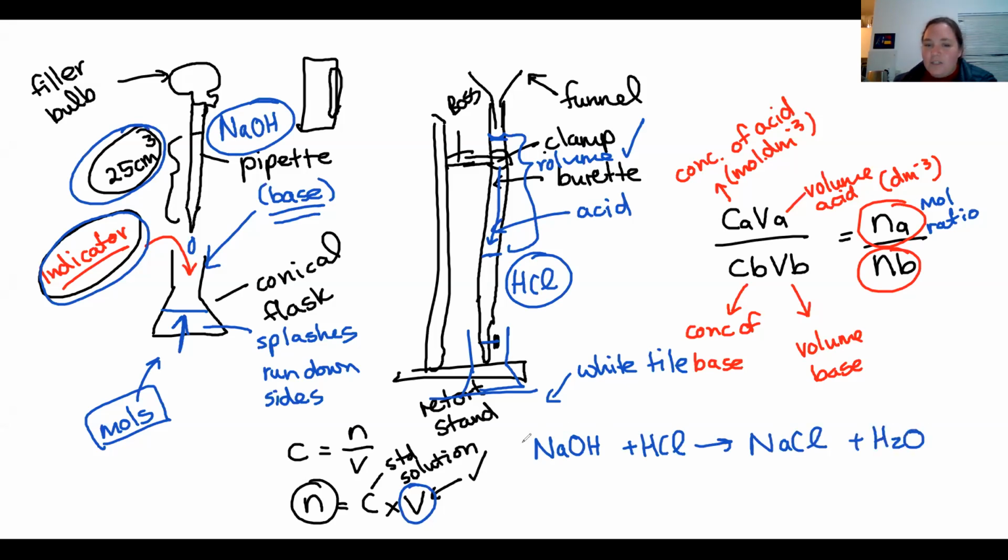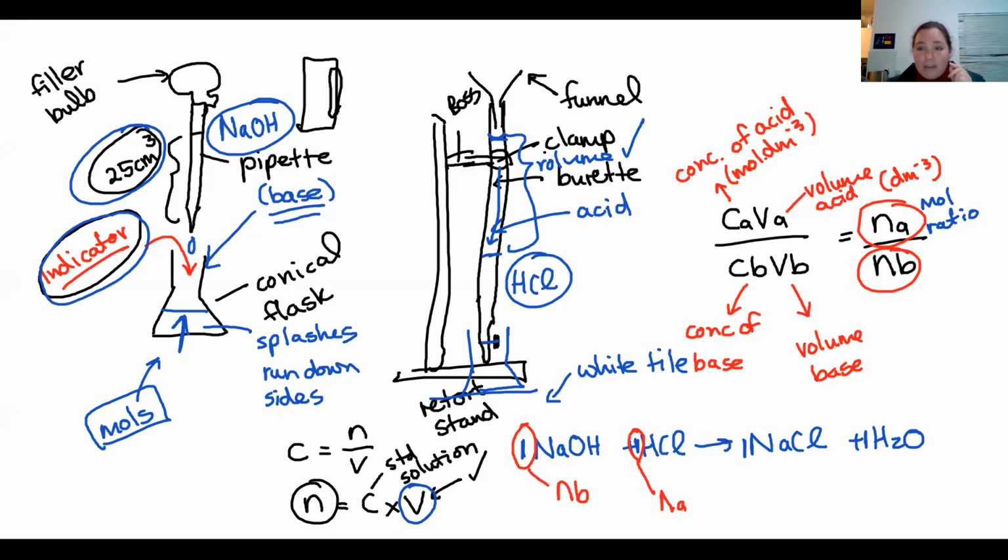If we look at this equation, it's 1 to 1 to 1 to 1. This 1 is your Nb, number of moles of base in the balanced equation. This one is your Na, number of moles of acid. So depending on what our acid and base are that we're asked, we're going to use different ratios. Okay, and then other than that, you plug them in.